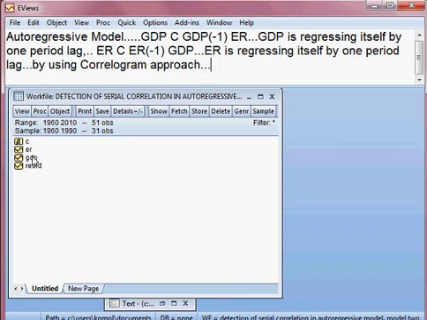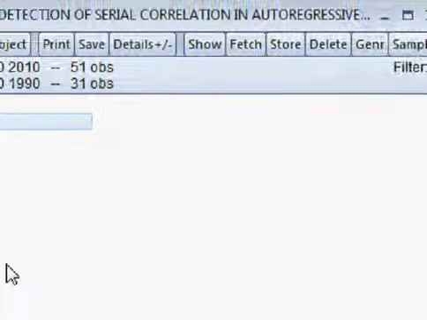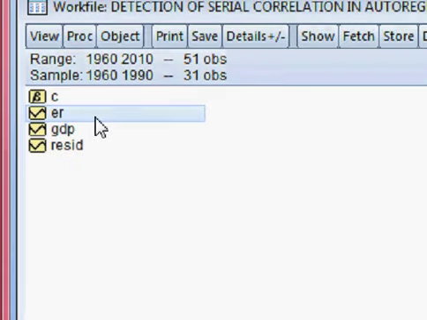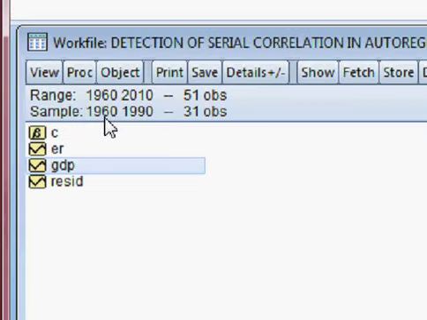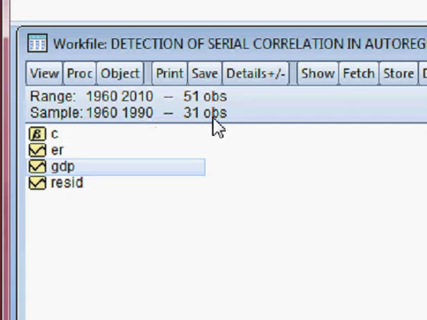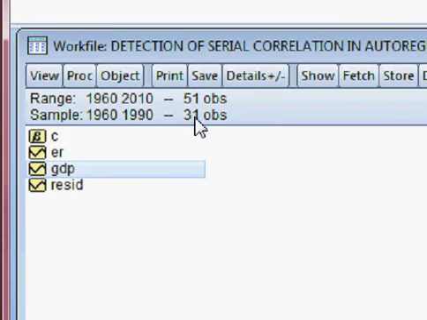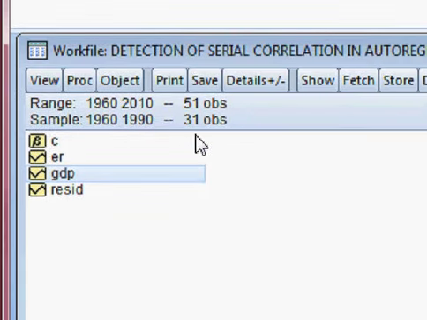Okay, and you can see we have the variables here, ER and GDP. I can zoom in for you so that you can see these two variables, exchange rate and GDP. Here GDP is the dependent variable, and our sample size is from 1960 until 1990. That means 31 data points in total.